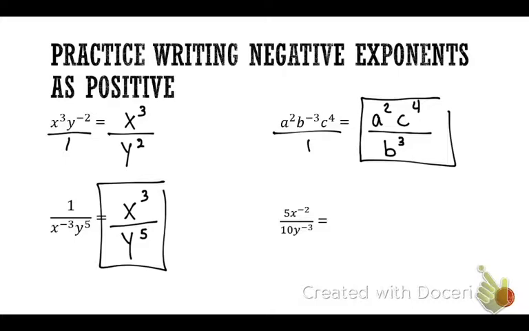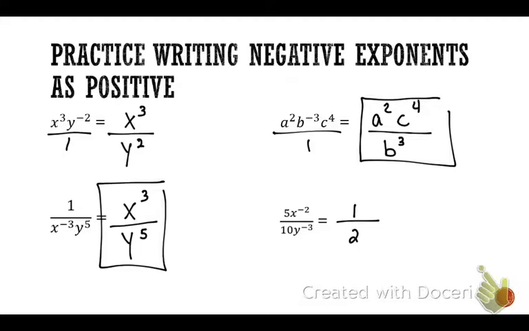Yeah, they're different bases, but there's no power, so I can just reduce that. Here's what I need you to understand. 5 over 10 does not have a negative exponent. What does? The x and the y. They are separate. So I'm going to reduce 5 over 10 to 1/2.